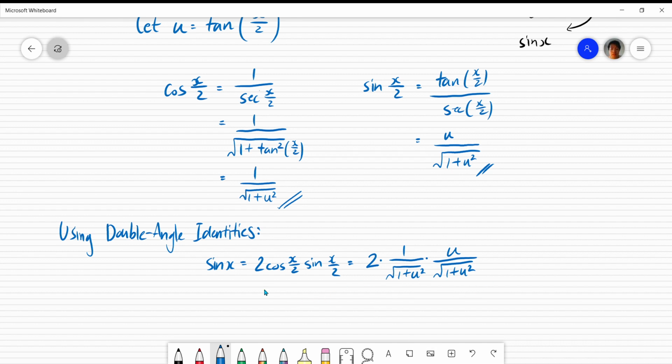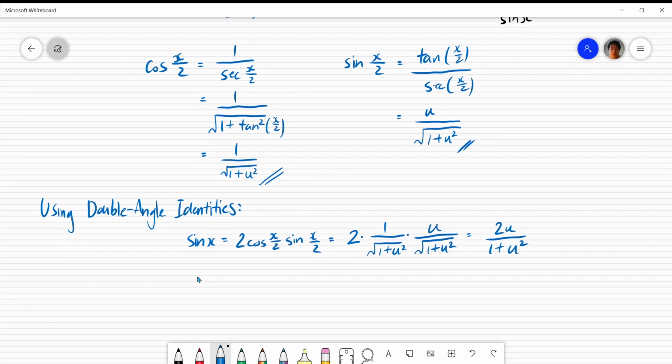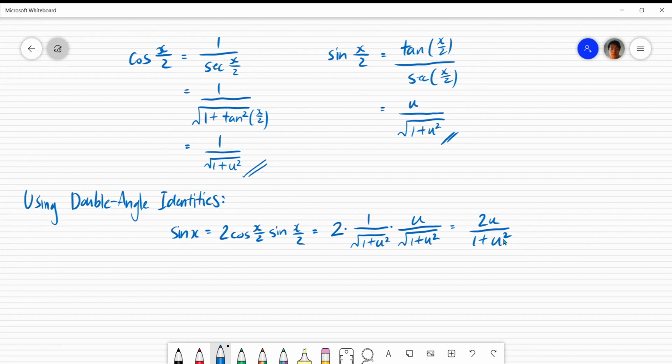And so the sine of x is just 2u over 1 plus u squared. Okay, nice. That's another one of our results.